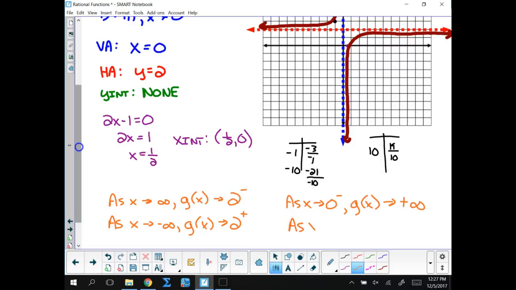As x approaches 0 from the right, my function approaches negative infinity. These two are end behavior. These two are asymptotal.